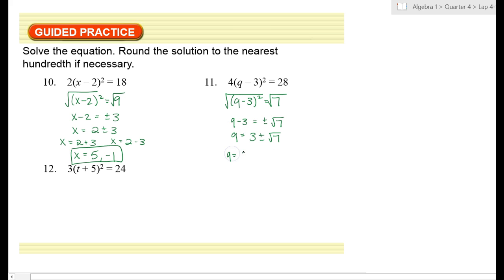Again, means q is equal to 3 plus square root of 7, and q is equal to 3 minus the square root of 7. When I type both of those versions into my calculator, I get 5.65 and I get 0.35.